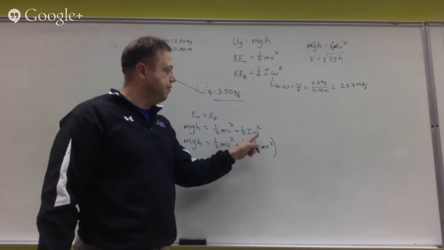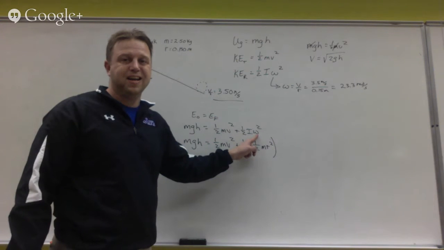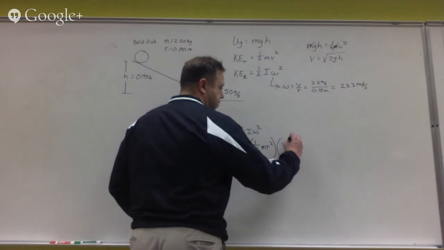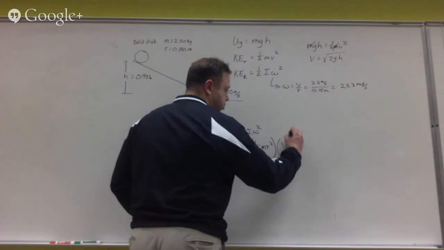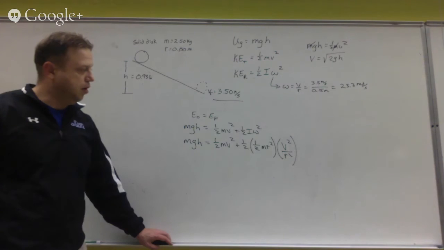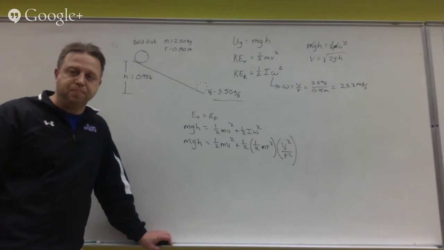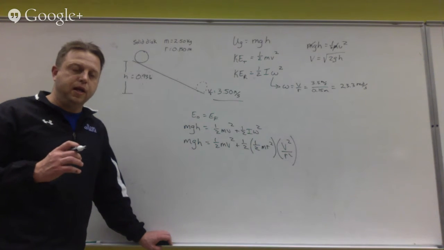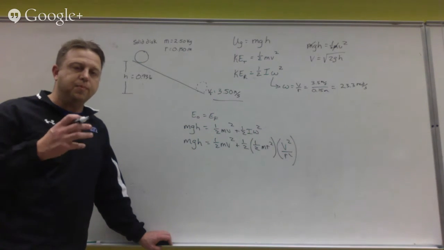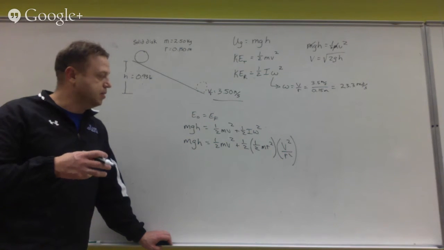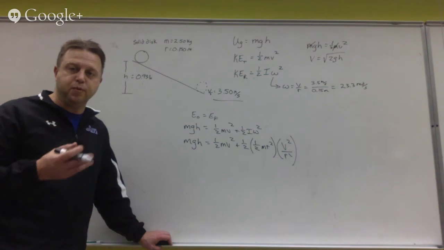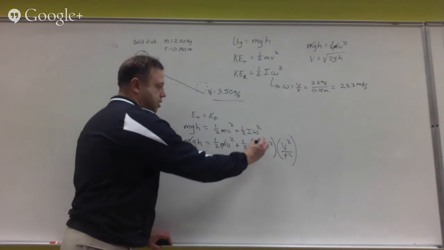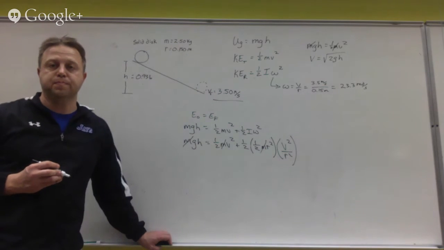So if I sub in v over r for omega and then square it, I get v squared over r squared. Now this is what's interesting. It doesn't matter if I put an object on an incline that has a mass of 10 kilograms or a mass of 20 kilograms. We should know by now the mass is going to cancel out of the equation.